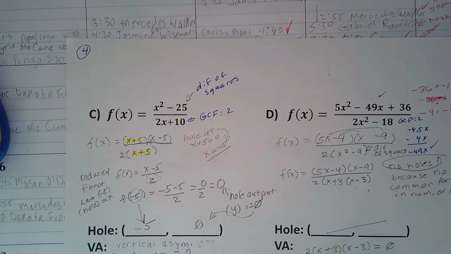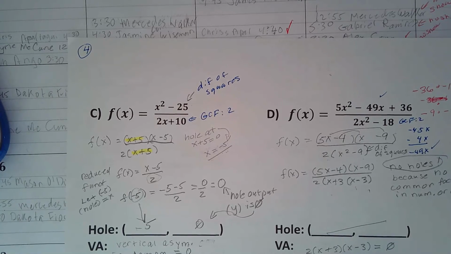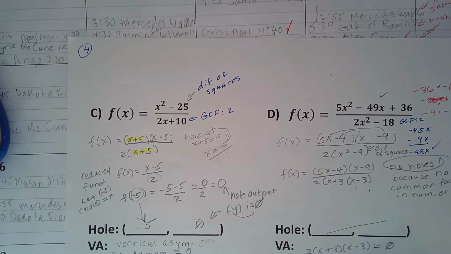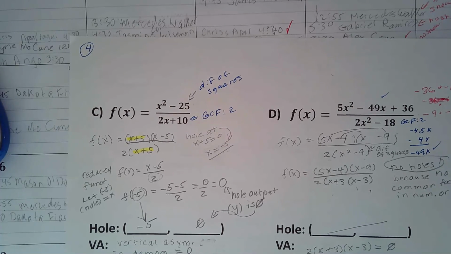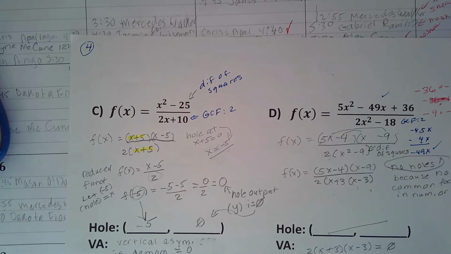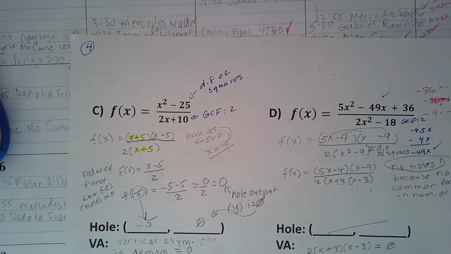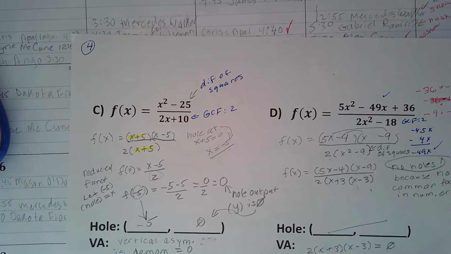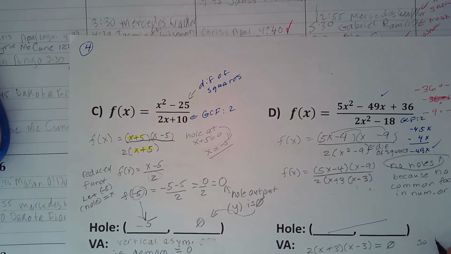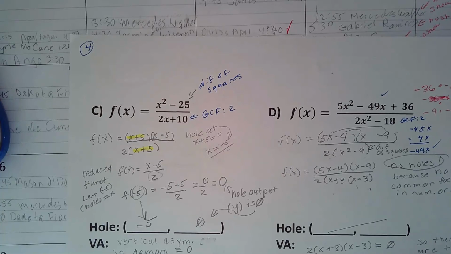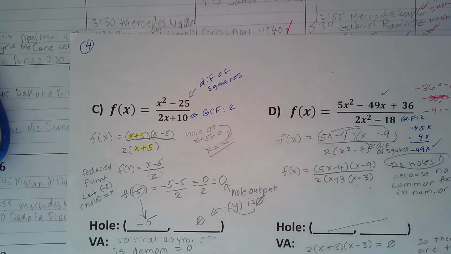But then I've got x plus 3 equals 0, so x equals negative 3, and x minus 3 equals 0, so x equals 3. So there are two vertical asymptotes.